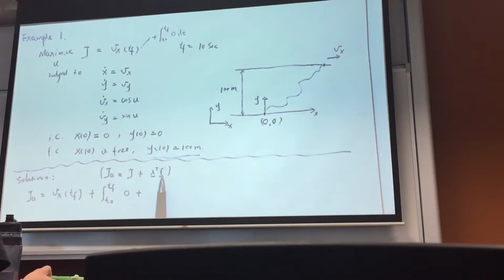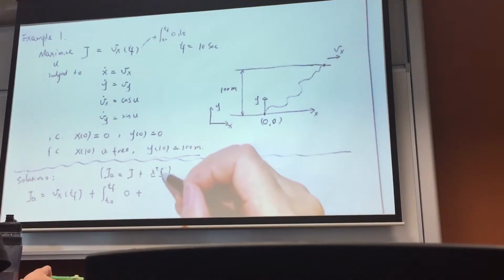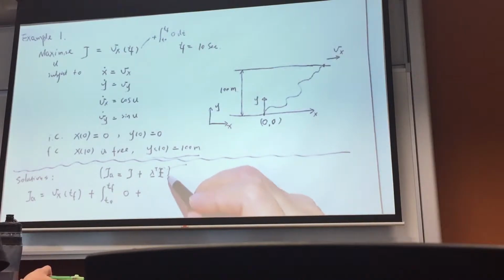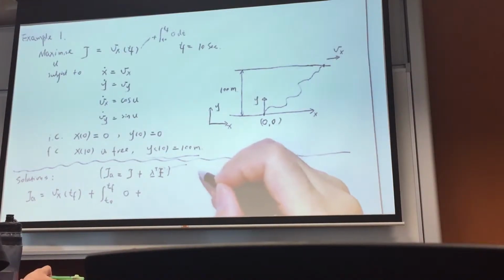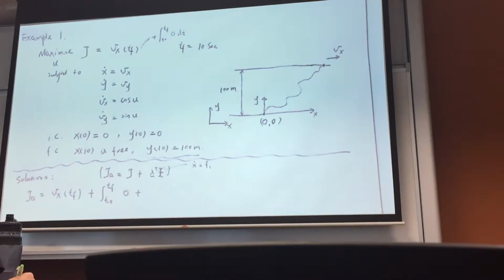In order to distinguish this f from the f used here, we can define this f to be a capital F. So for example, our first one is x dot equal to f1.